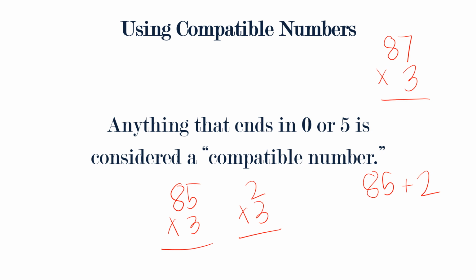So that is one way you could do it with compatible numbers. If you would prefer to break 87 down into 80 times 3 plus 7 times 3, that is totally fine. That is how I would probably feel most comfortable. Those are the numbers that I would feel are most compatible. But just know that your book considers anything that ends in a 0 or a 5 to be a compatible number.